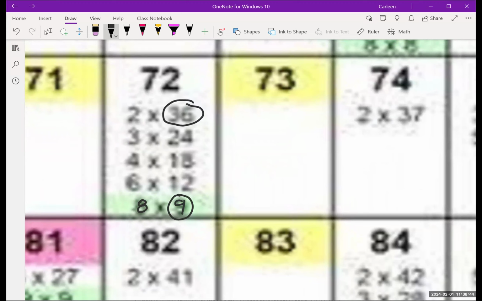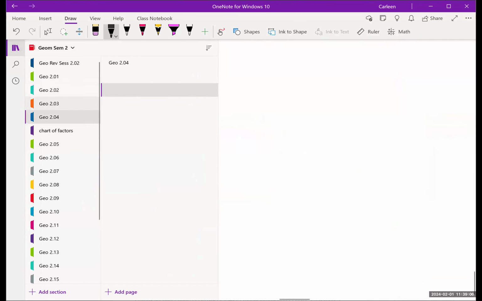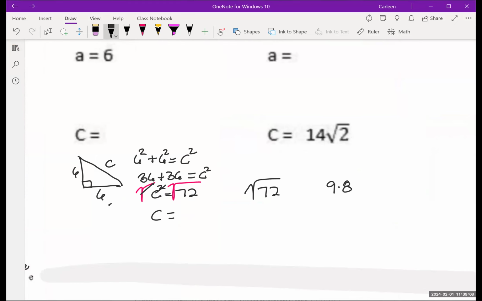So you need to memorize that 72 has a perfect square bigger than 9 because everyone's comfortable with, oh yeah, 8 and 9. Nope. There's one bigger. So 36 is the biggest perfect square and 2 is its leftovers. Now with this one, the cool thing is, oh, look, it was right there. 2 times 36. Okay. So I have the biggest perfect square and the leftovers.